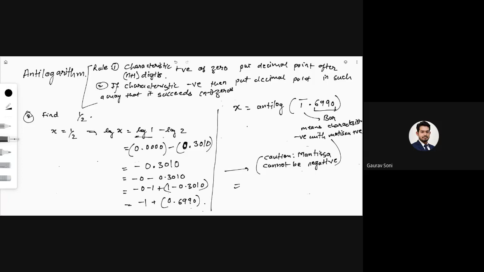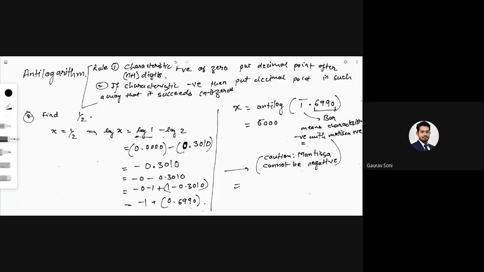Now what is 1 bar? 1 bar is nothing but minus 1. Bar means the characteristic is negative. What is the rule for negative? Put the decimal point in such a way that it succeeds n minus 1 zeros.